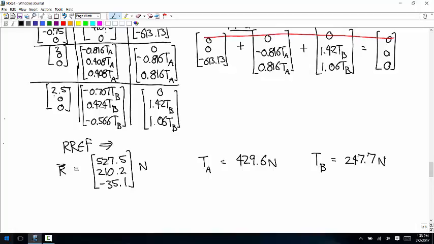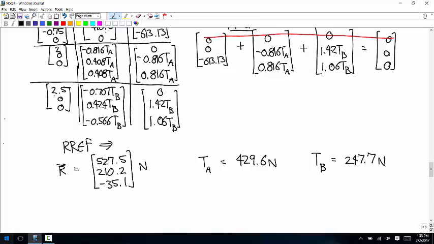Any questions about any of that? The variables and the constants go across the columns.